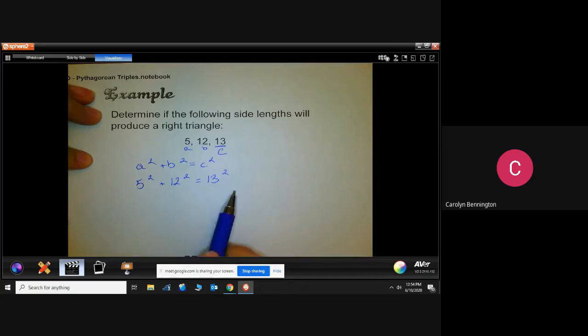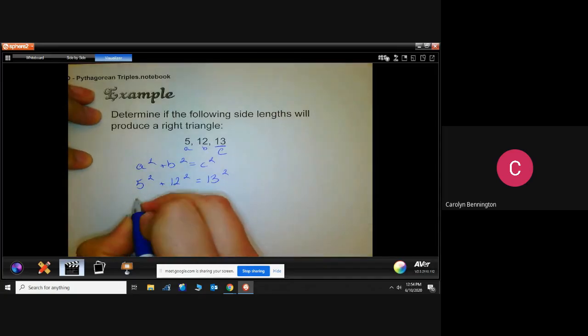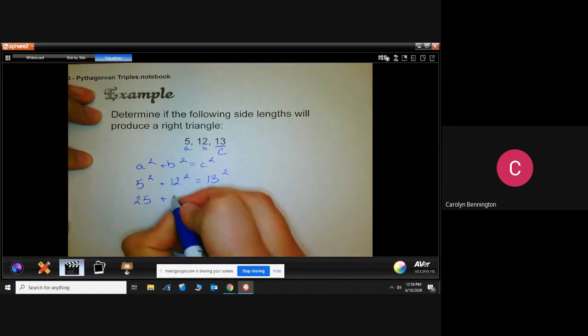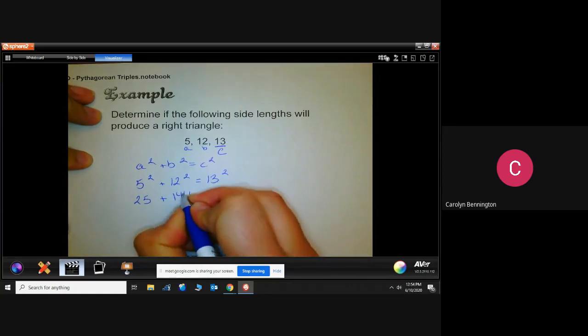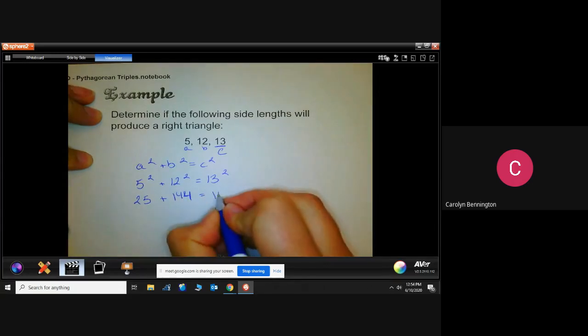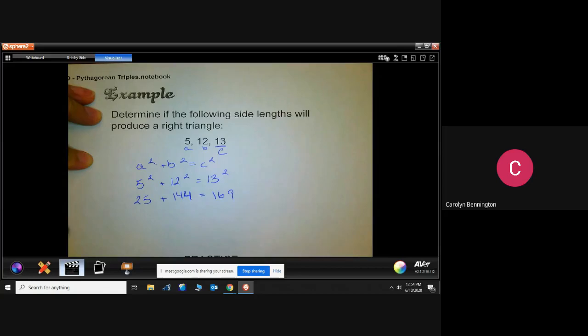Okay, square all of your numbers. So 5 squared is 25. 12 squared is 144. And 13 squared is 169. So we'll add together our 25 and our 144, and that equals 169, and our other side stays as 169.